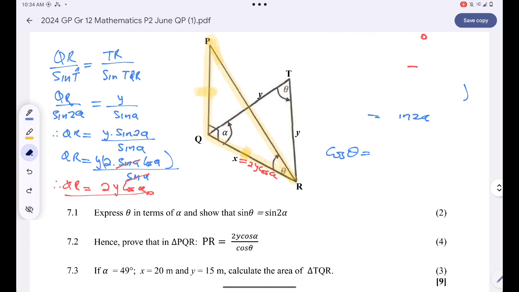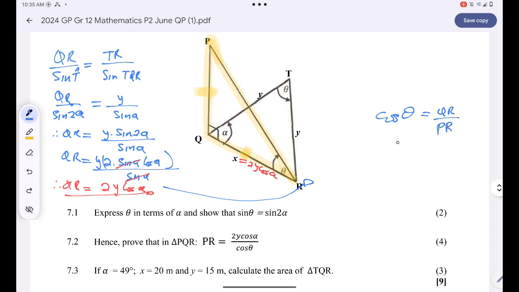This is from number 1. They don't want me to find PQ. They want me to find PR. So cos of angle theta is the adjacent, QR, all over the hypotenuse, which is just PR.